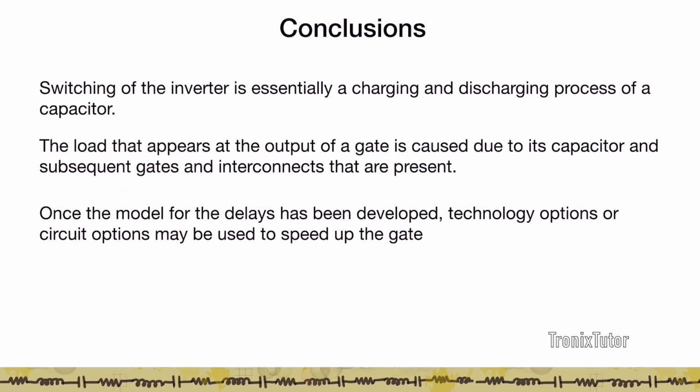So you see that the delay of the inverter really depends sort of on the environment it is in, right? Depending on what it is connected to and depending on how it is connected to the next stage, the delay of the inverter will change. And then once the delay model has been understood, we can look at technology options or circuit options to speed up such a gate.